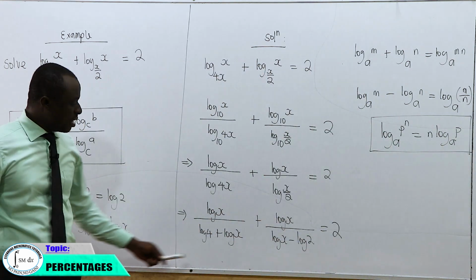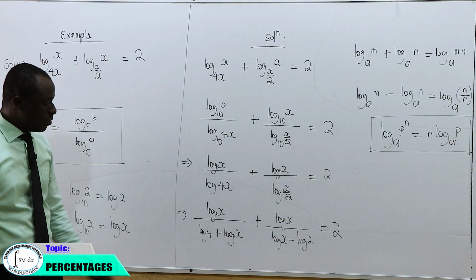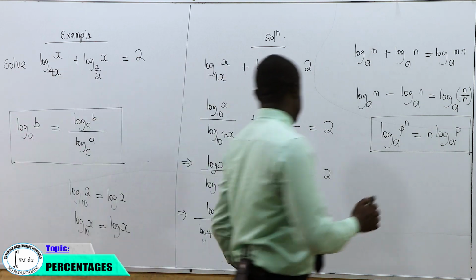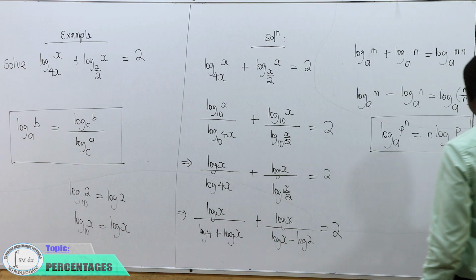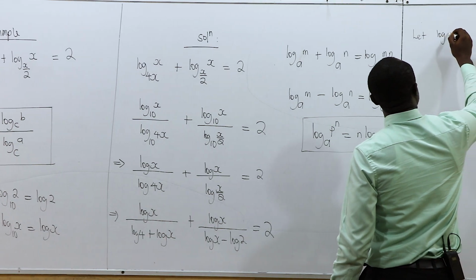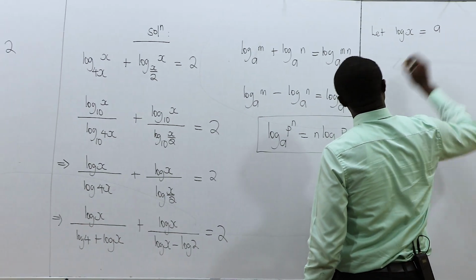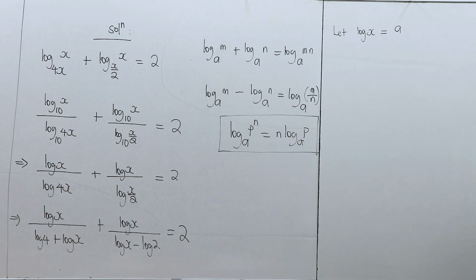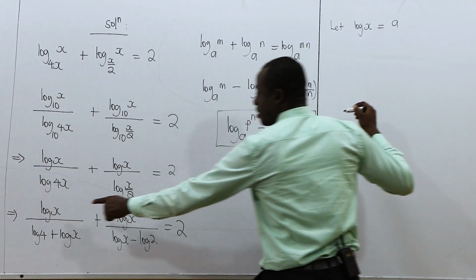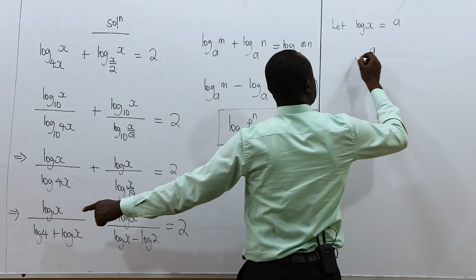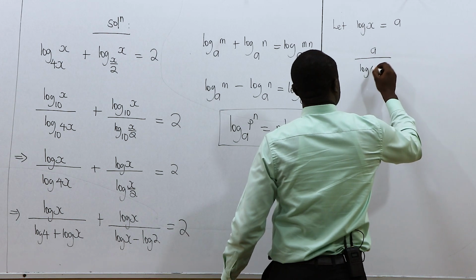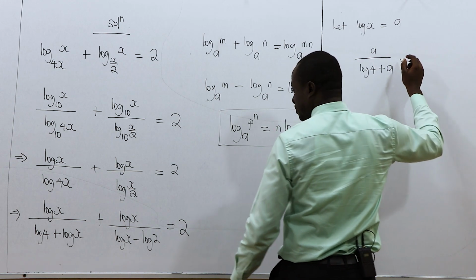Now, so we have this equation. What can we do? We have log x, log x, log x, log x. So from here, we can suppose log x be equal to any variable, let's say a. So if it is equal to that, then what can we say? The numerator log x is a, over log 4 plus log x, so we have log 4 plus a.